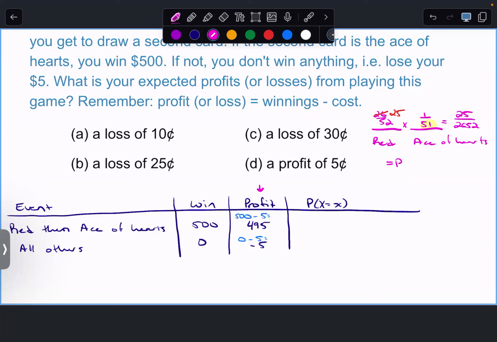This is going to be the probability of a red, then ace of hearts, or roughly 0.009, 1, 2, 3, okay, 4, I'll round it to 3.